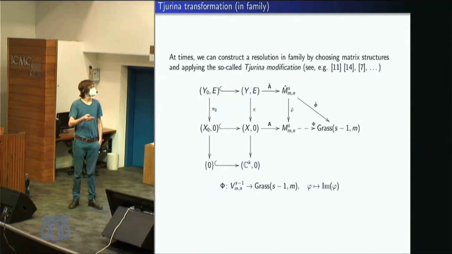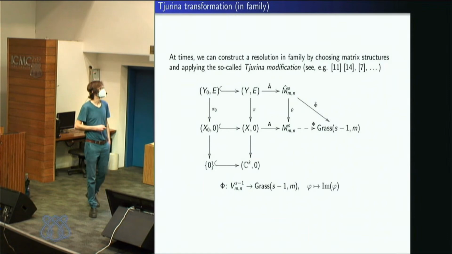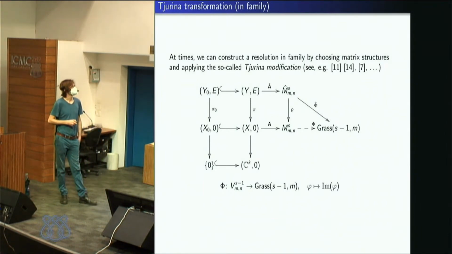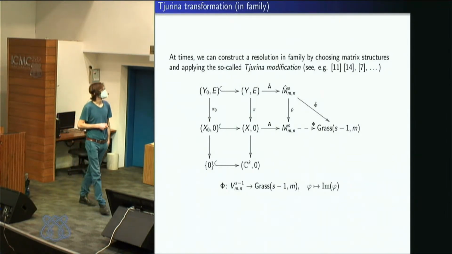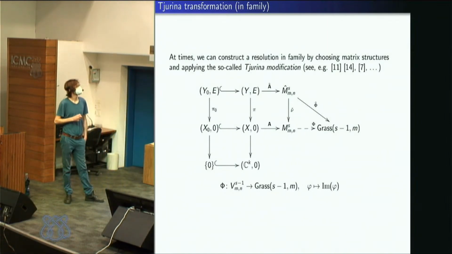Let's take the image. This provides a generalized Gauss map to a Grassmannian. You can take the blow up, or the closure of the graph of this Gauss map phi, and what you get is the Tyurina modification of the generic determinantal variety. It turns out to be smooth, and you get the two natural maps, the projection down, which is an isomorphism outside the singular locus, and the extended map to the Grassmannian.